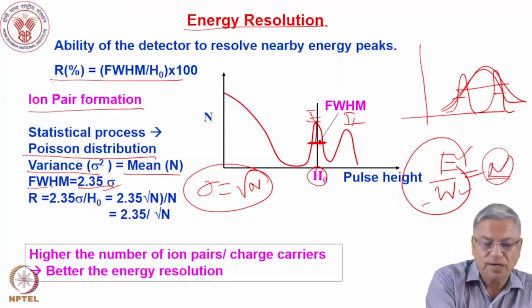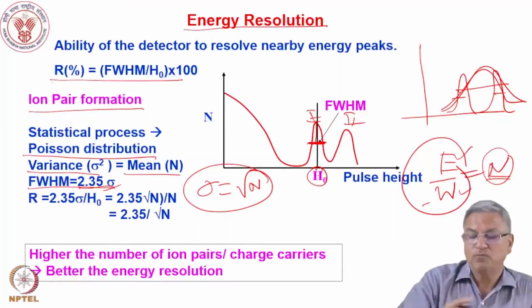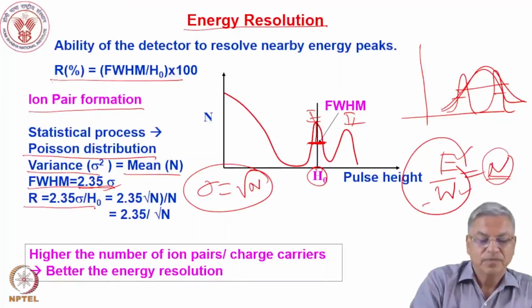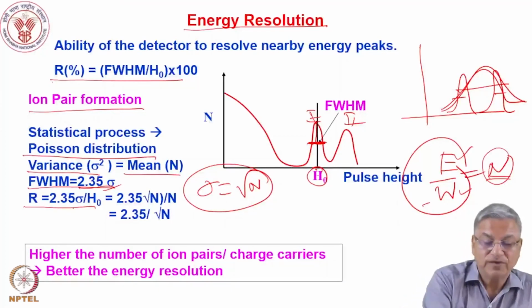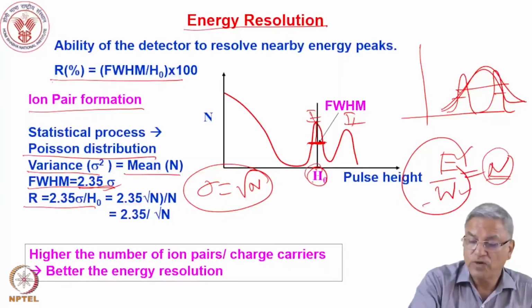For a Gaussian, the FWHM is given by 2.35 times sigma. You can derive from the full width at half maximum how it relates to the standard deviation of a Gaussian. So the resolution R will be 2.35 sigma, FWHM, upon H0. H0 is proportional to the number of ion pairs, N, and sigma is root N.